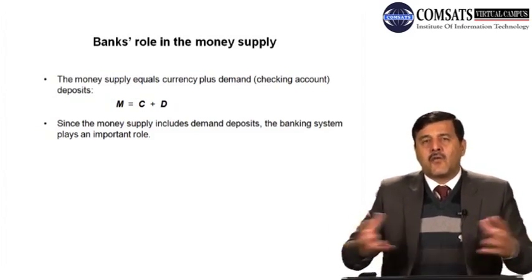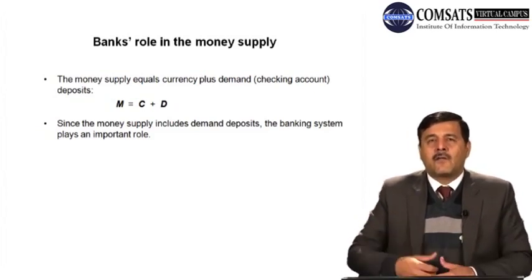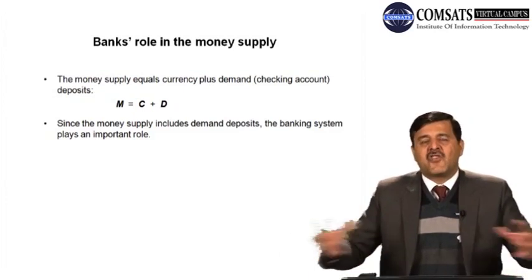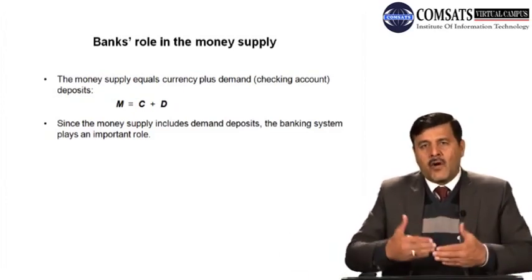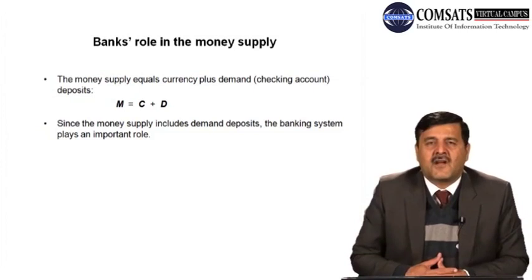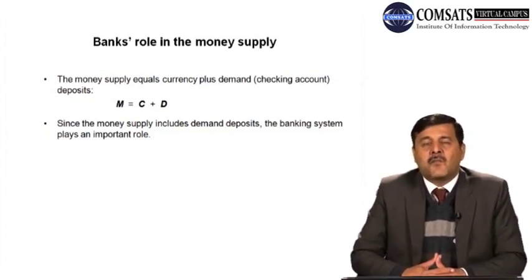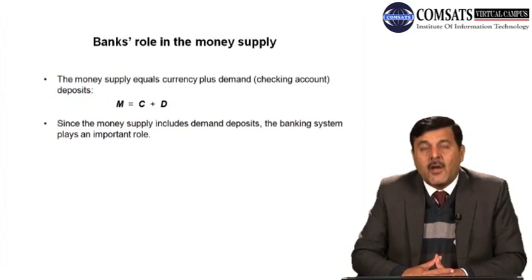So what do we mean by store of value? You can store assets, you can store things by using money. Number two, money can be used as a medium of exchange, right? When you want to exchange goods and services within the country, or between countries, between two boundaries, between two economies, we use money as a medium of exchange.